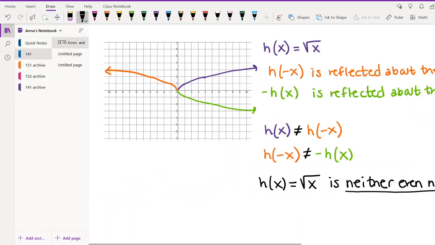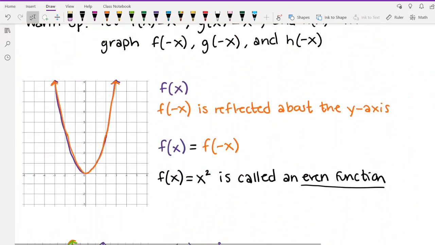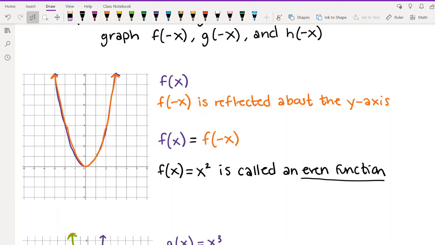Let me go back real quick to understand why that works here. Here is our example of an even function. The original even function has the points (2, 4) and (-2, 4). So plugging in the negative or positive version of the same number gives you the same result. f of 2 is the same as f of -2.